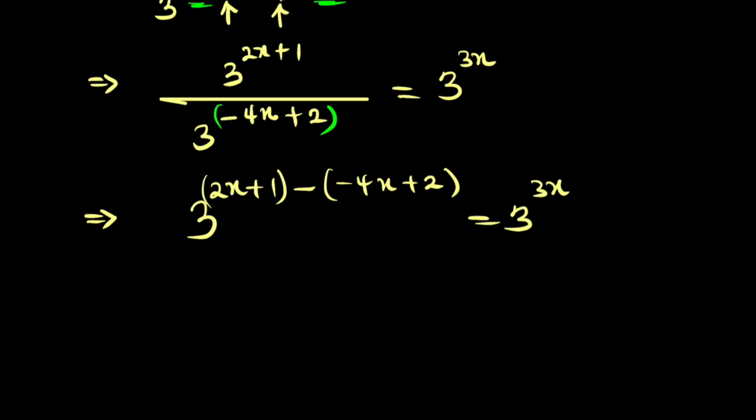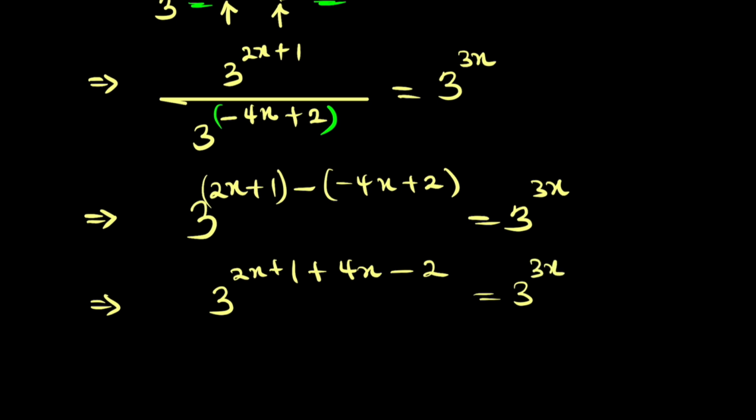If we tidy up the left hand side, we are going to have 3, open up the bracket, 2x plus 1, minus times minus is plus, so we have 4x, minus times plus is negative, we have minus 2 is equal to 3 raised to power 3x.